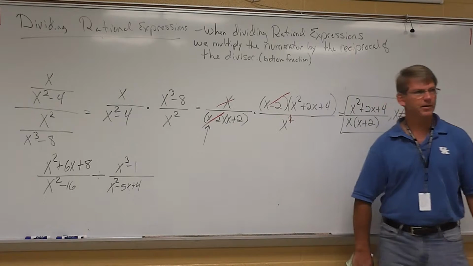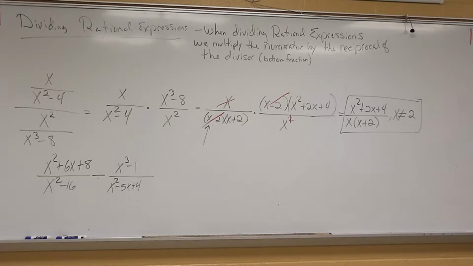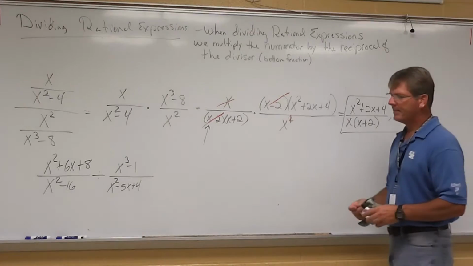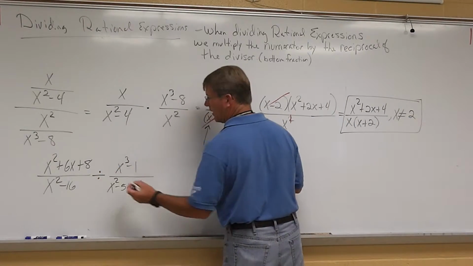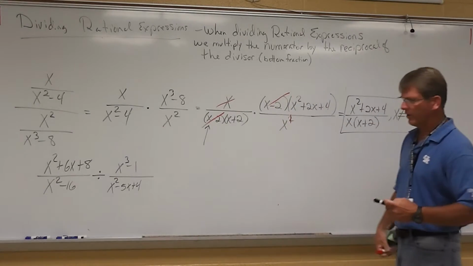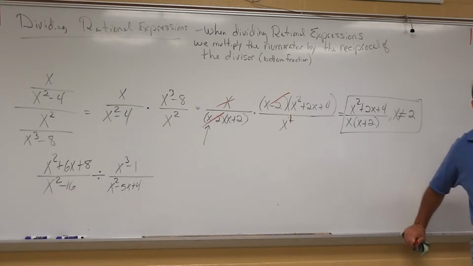Suppose we have fractions written this way. We've got x squared plus 6x plus 8 divided by x squared minus 16. I'm going to take that fraction and divide it by x cubed minus 1 over x squared minus 5x plus 4.